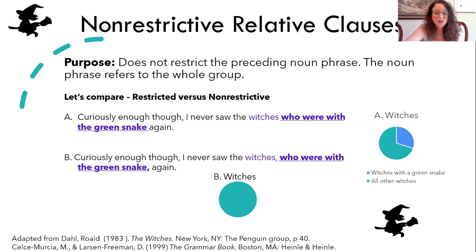So we need a comma here, okay? That is the difference as far as whether the subordinate clause is going to describe the whole group or just a portion of the group, okay? So in this case, I never saw the witches, who were with the green snake, again, okay? So looking at the circle, it's all of the witches. They all have green snakes, okay?